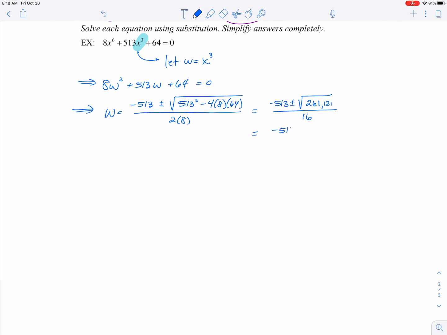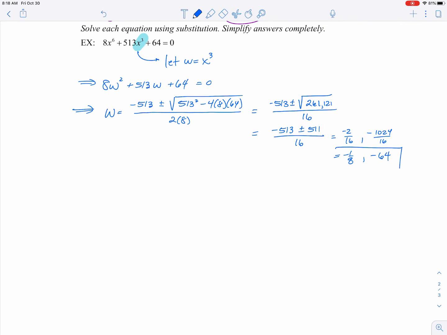So this is negative 513 plus or minus 511 over 16, which is either negative 2 over 16, which is negative 1/8, or negative 1024 over 16. What is that, like 64? 1024 divided by 16. Yeah, negative 64.